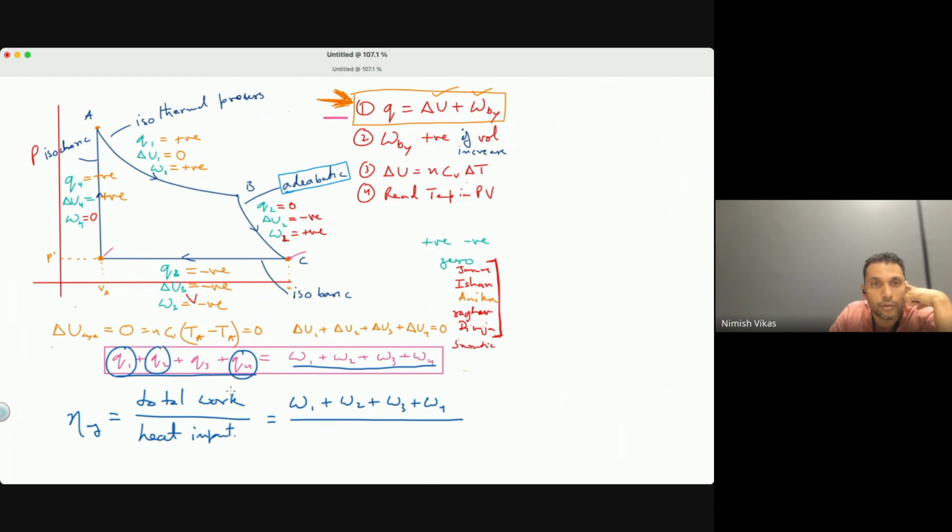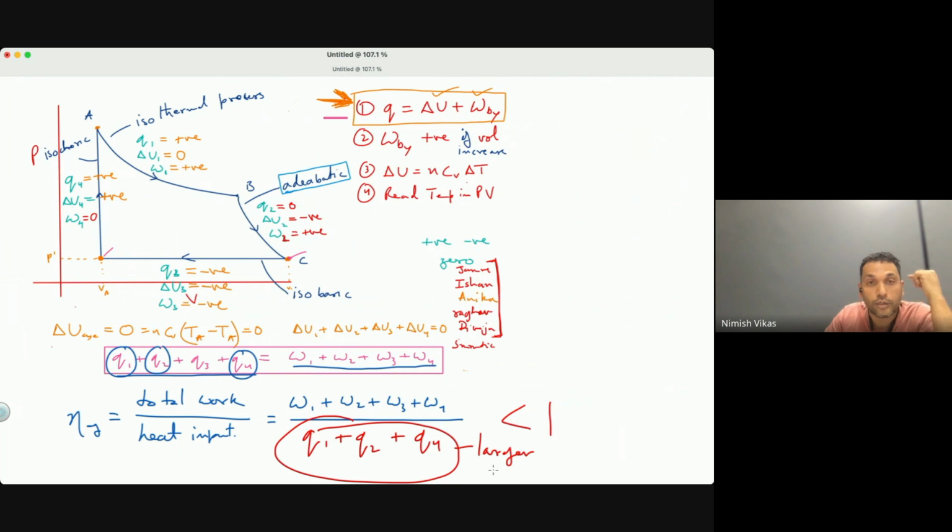The denominator will be larger than the numerator, and hence it will always come less than 1. So that's again a law that there is no cyclic process with 100% efficiency.